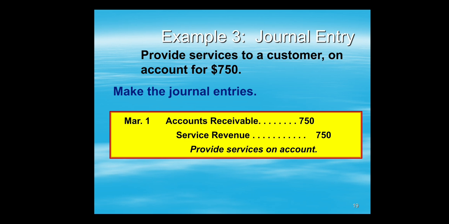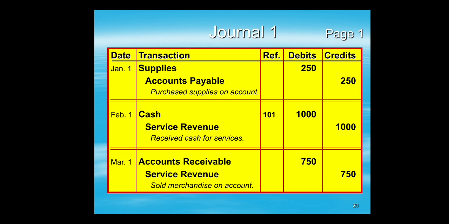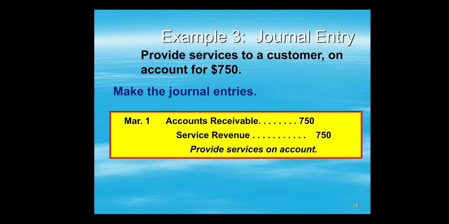Maybe it is difficult for you if you see this for the first time, but I will show many examples, and later hopefully after seeing many examples and doing readings and exercises, you will understand how to do the journal entry.